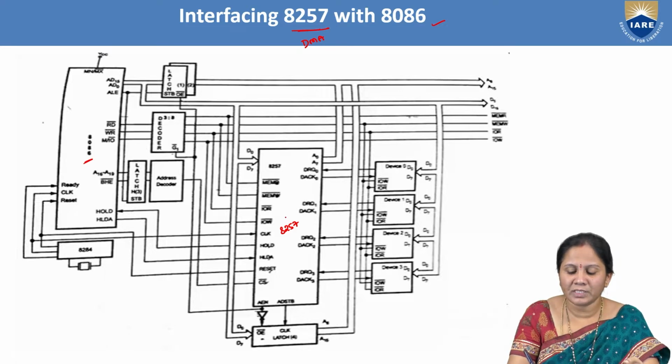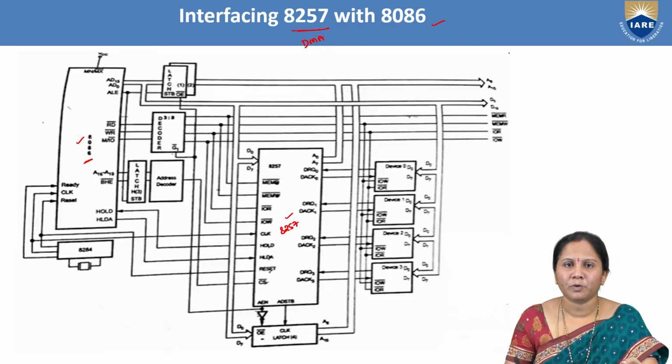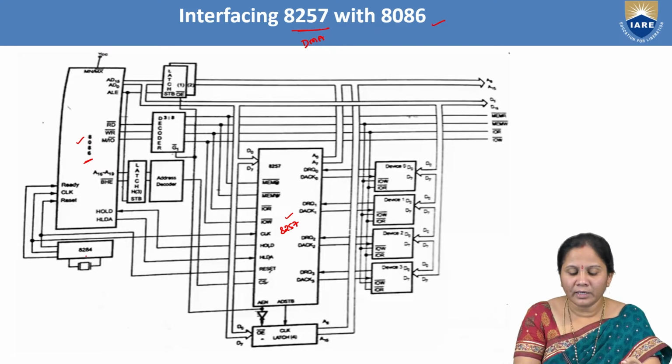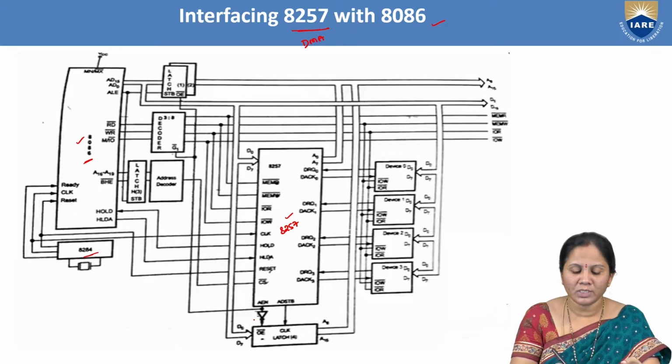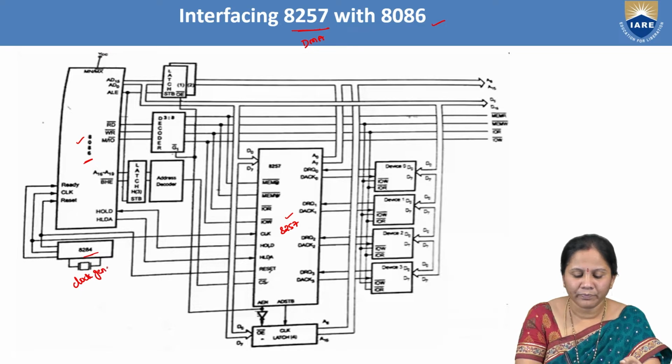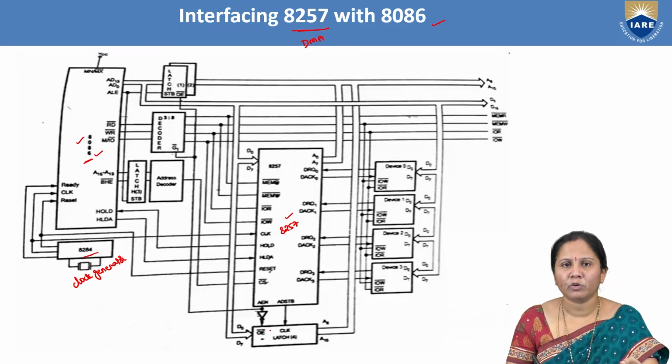We have to interface this 8257 DMA controller to 8086 microprocessor. And here this is a 8284 IC. So this 8284 IC is called clock generator. So this is the clock generator IC which is going to produce the clock frequency for this 8086 microprocessor.